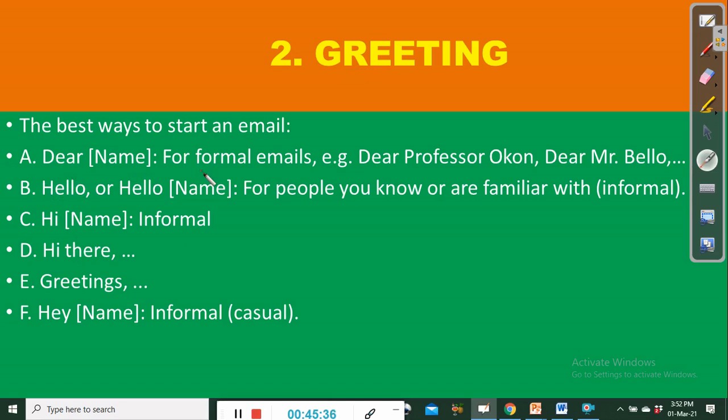Now, if you are writing a very formal email, maybe you are writing to people whom you do not know, or an organization that is highly reputable, and you need to be very formal. In this case, you can start with dear, then followed by the recipient's name, full name, all right, and preferably beginning with the surname.